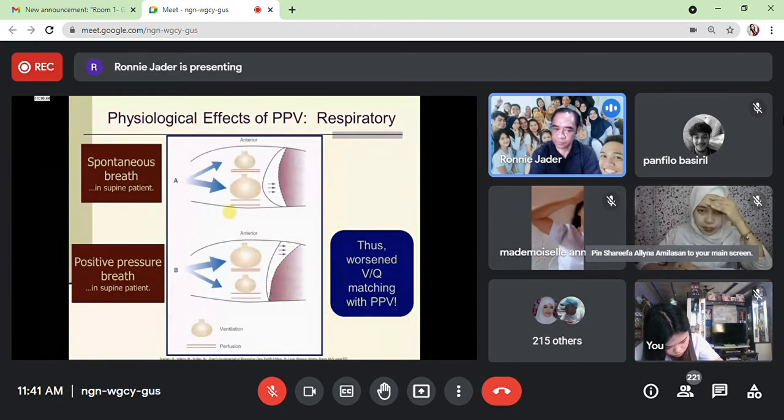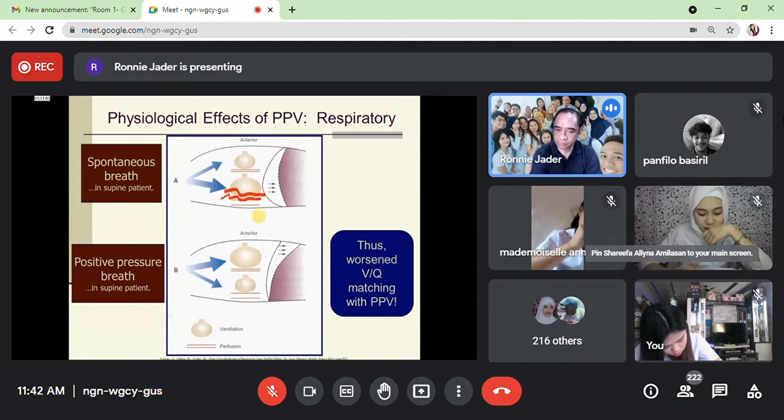All right. So here's another example of how that happens in our spontaneously breathing patient. Even though they're laying on their back, most of the ventilation and perfusion is matched quite well, because the diaphragm moves down, and of course the blood flow is going to be mostly in this region here where most of the ventilation is occurring. So you're going to have a fairly normal gas exchange and dead space.